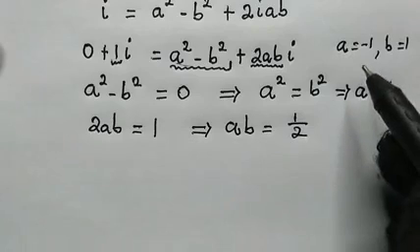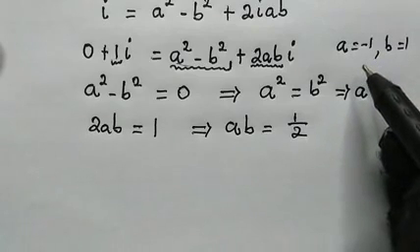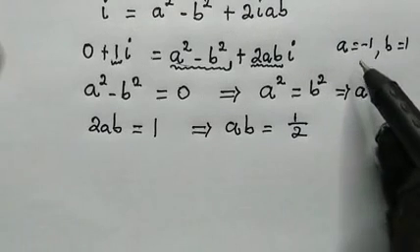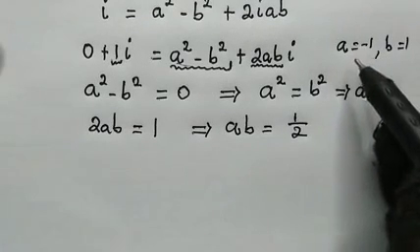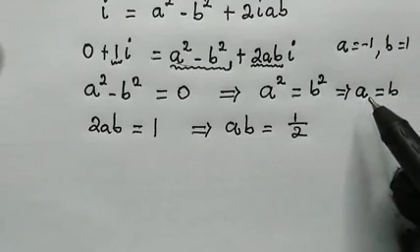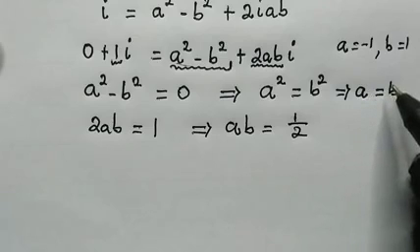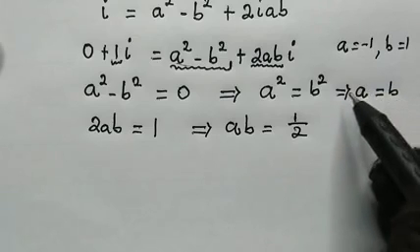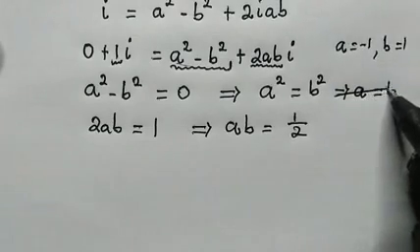Then the squares will be equal, but if you equate their first powers, they will not be equal because -1 is not equal to 1. So should we say that a is equal to b? No, let us not yet do that.